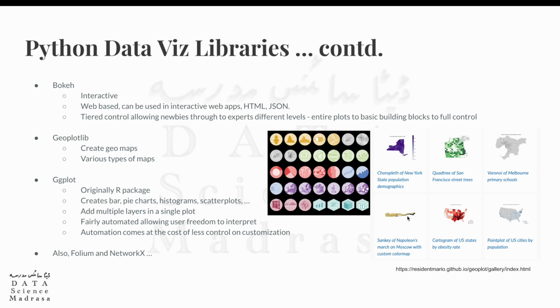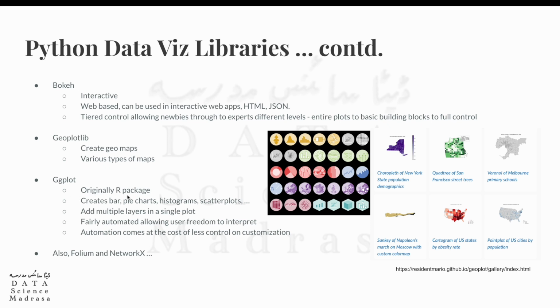It's quite a popular graph that's depicted using the Sankey diagram. This diagram is usually employed when we have to do path analysis. And then you have a cartogram of US states by obesity rate, and a point plot of US cities by population. So it's quite a handy library as well if you have geomaps to visualize.